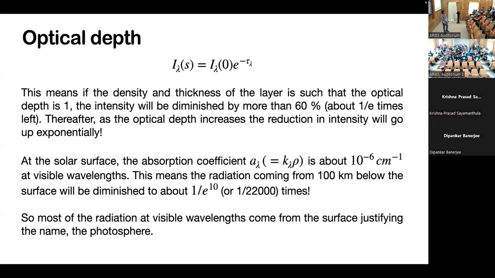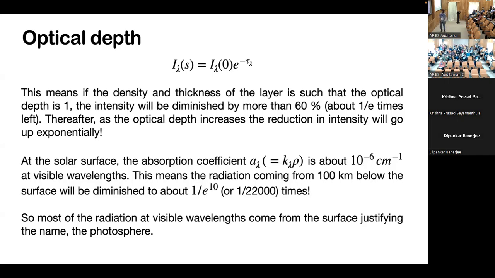That's what people consider. Now if there is a layer where the density and thickness are such that tau lambda equals 1, it means essentially that about 60% of the incident radiation is being absorbed, and the rest is transmitted, at that particular path length, right?